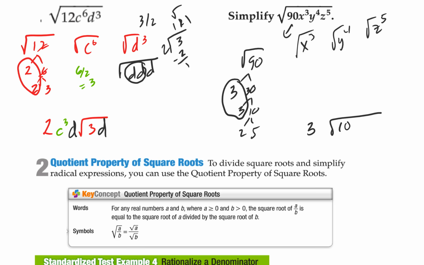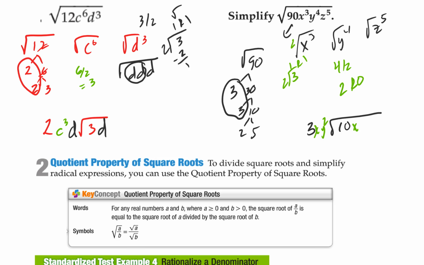Now all we're going to do here, since they're powers, we're just going to divide by 2. So 3 divided by 2, 1 remainder 1. So we're going to have 1 x on the outside, and 1 x on the inside. 4 divided by 2 is 2, remainder 0 if you care. So there's 2 y's on the outside.